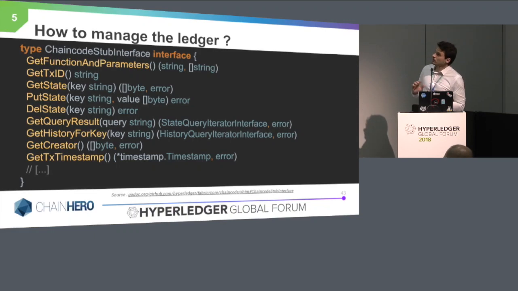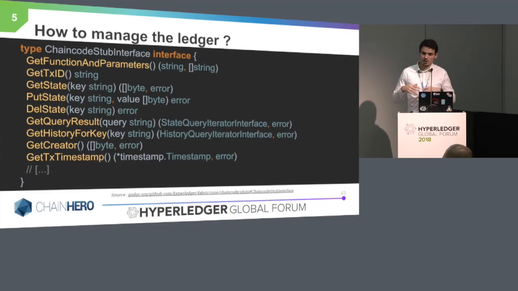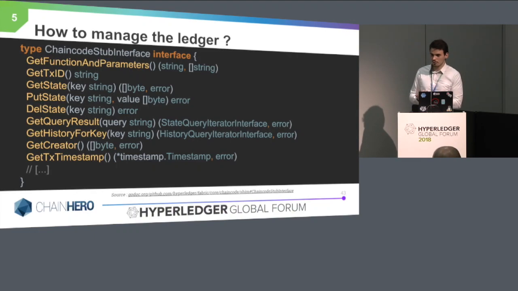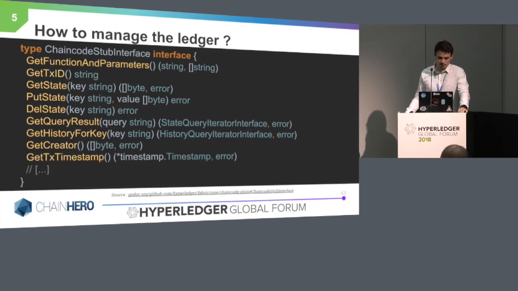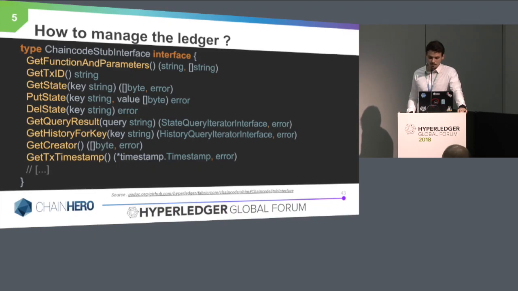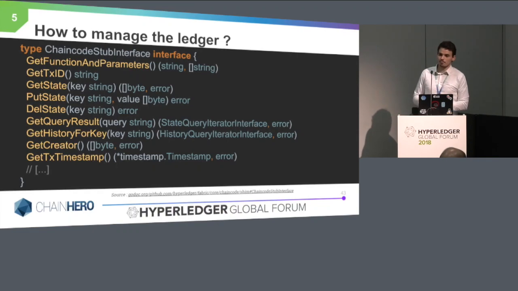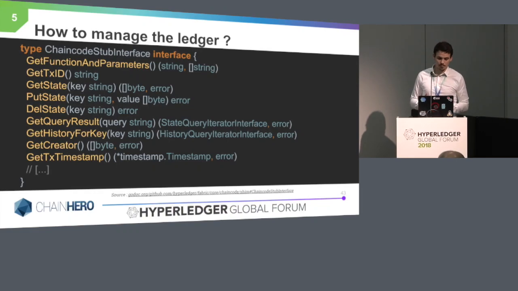So the first function is to get what the end user asks to do in the chain code. You get the arguments provided by the user in order to know what we need to do in the chain code. The get transaction ID function provides a unique ID for the transaction. It's really useful in order to make some new keys. You can't use, for example, a generate function in the chain code.